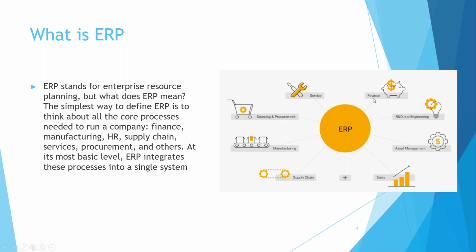It will have a finance module, a research and engineering module, an asset and supply chain module, manufacturing, and sourcing and procurement module. There are many more modules. There are around 35 modules in D365 F&O. All these modules are integrated with each other into a single system.